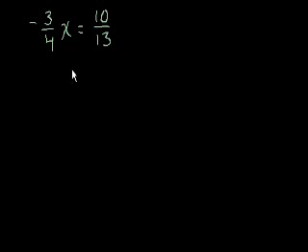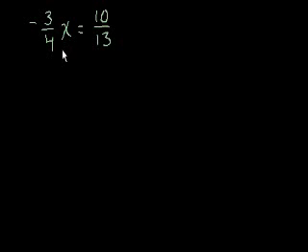Now this is a harder problem. I can't do this one in my head. We're saying negative 3/4 times some number x is equal to 10 over 13. If someone came up to you on the street and asked you that, I think you'd be pretty stumped. But let's work it out algebraically.